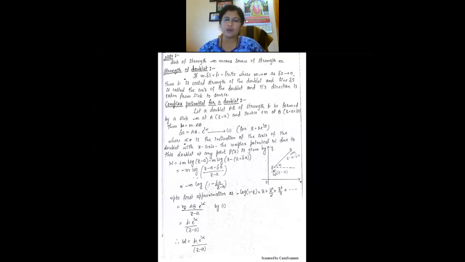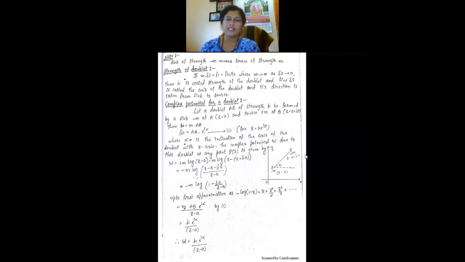According to the formula of complex potential for a source, you know that it is minus m log Z. Now you are writing it for a sink, so it becomes plus m log Z minus A. If it is placed at the origin, no need to write A. But here the point is particularly mentioned, it is placed other than the origin. That's why we are writing m log Z minus A.